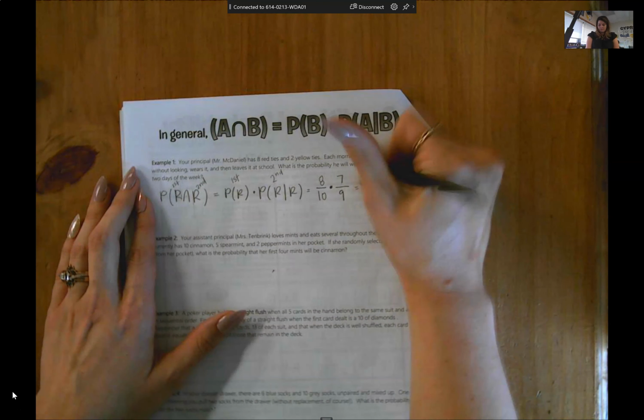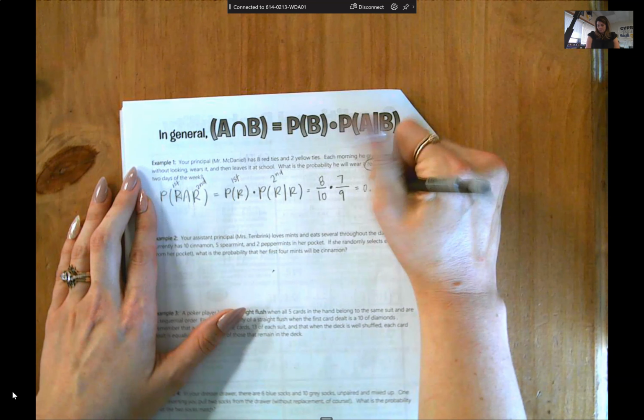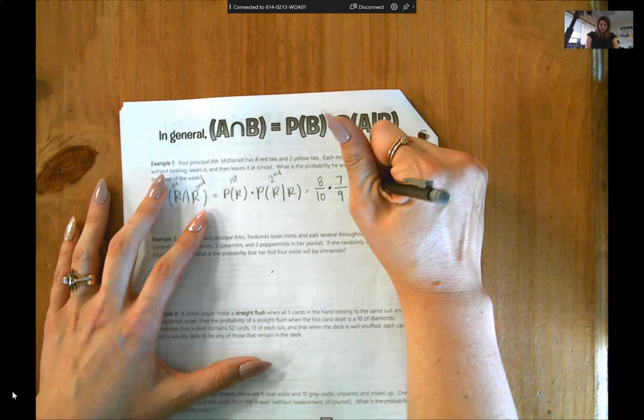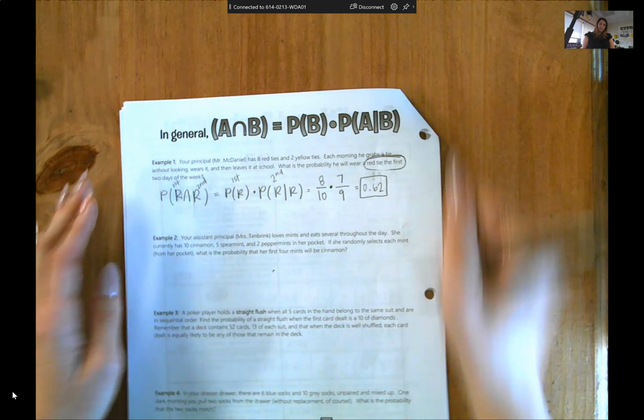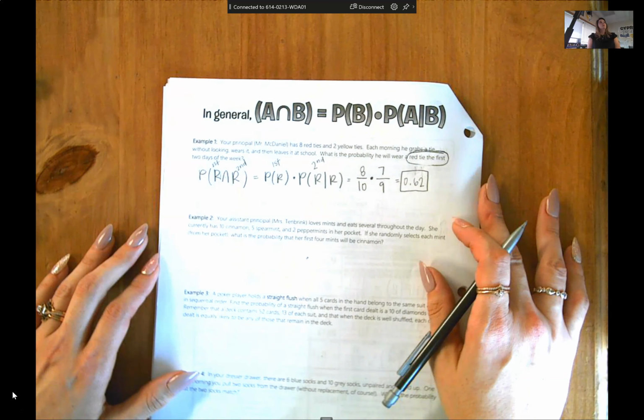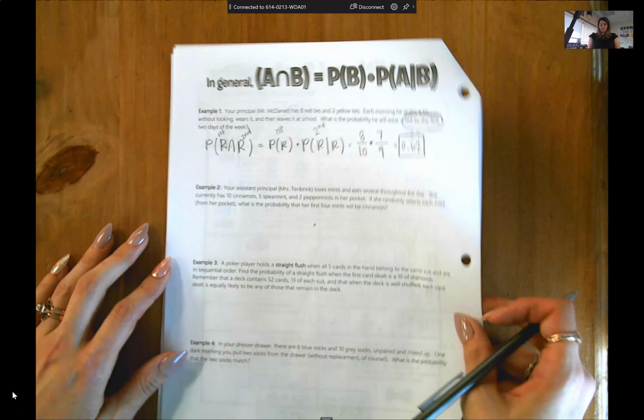Is that what you guys got? There's a 62% chance he's going to wear a red tie on both days. That's pretty high, right? Okay, now that we got our symbols figured out, maybe this is going to get a little easier.